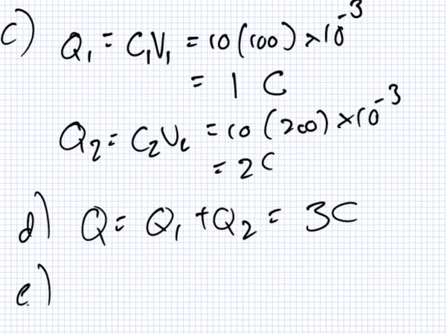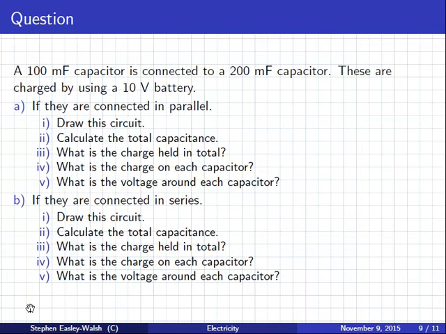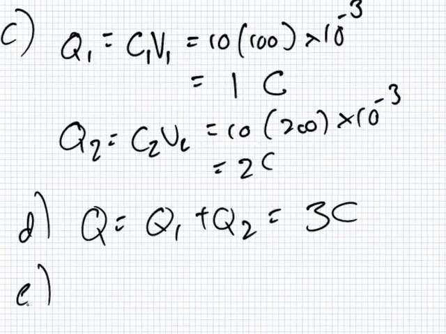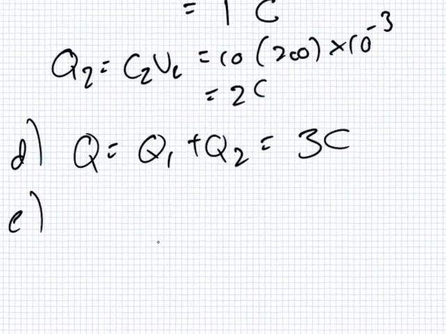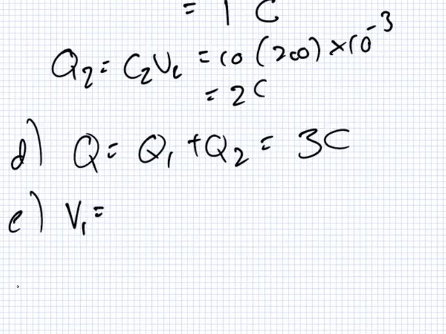Okay, and then the last one. A, B, C, yeah. What is the voltage on each capacitor? Same. It's 10, isn't it? It should be 10. Now you can check it. For example, V1 would equal, what's the formula? C equals Q over V. So V will be Q over C. It should be Q1 over C1.